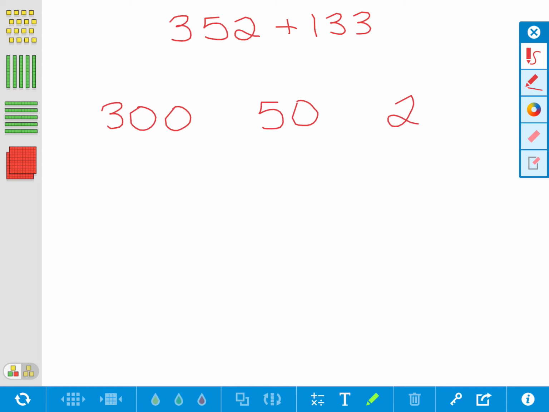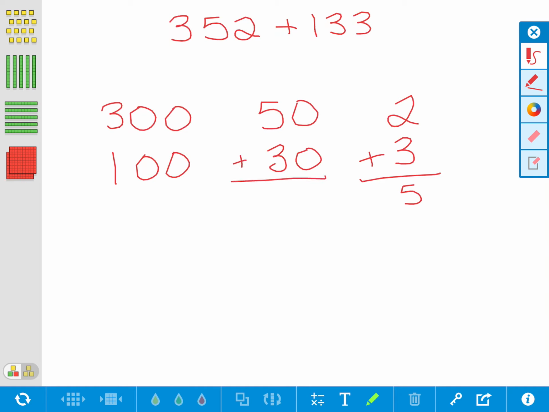Now I'm going to break apart the 133. So I've got 100, I've got 30, and I've got 3. Again, just like expanded form. Now I'm going to add these up separately. So I've got 2 plus 3 is 5. 50 plus 30 would be 80.